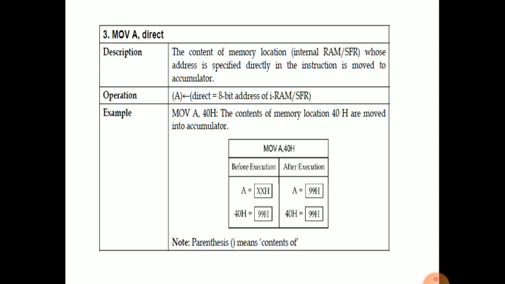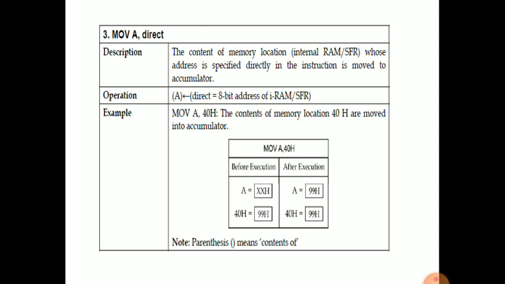After execution, the accumulator A has 99H and the 40H address has 99H. Note that parenthesis means contents of. In the three examples we have also seen the parenthesis around the accumulator A, which means the accumulator contents are copied from the source. Like this we can explain this type of instruction.